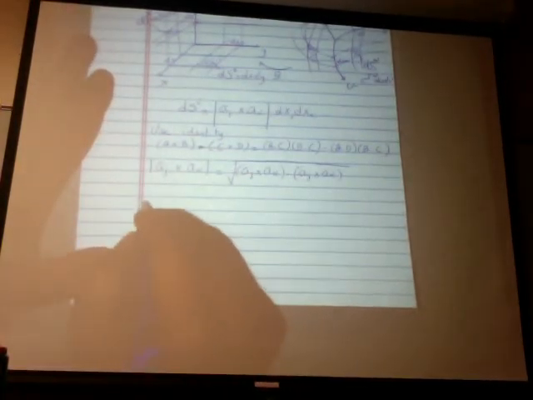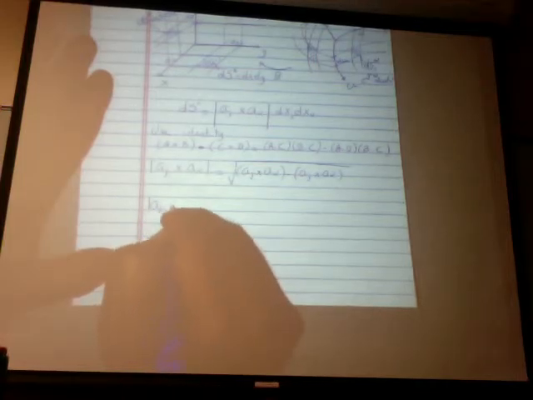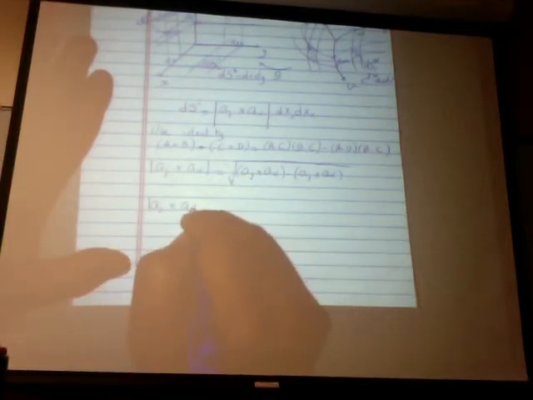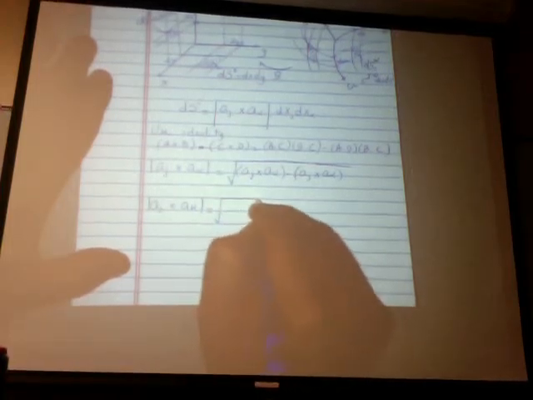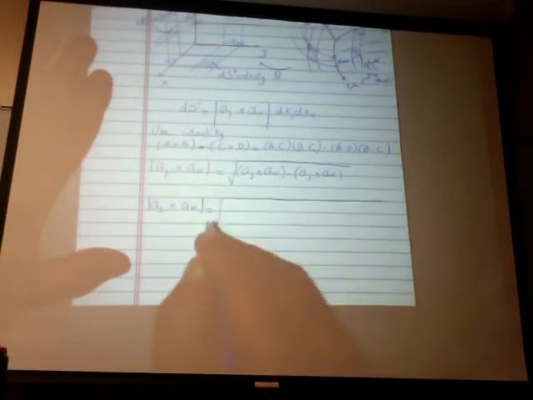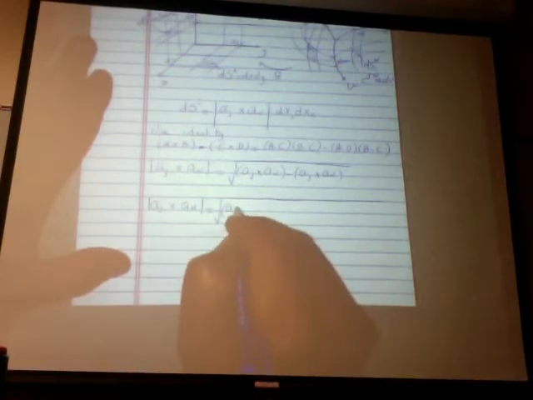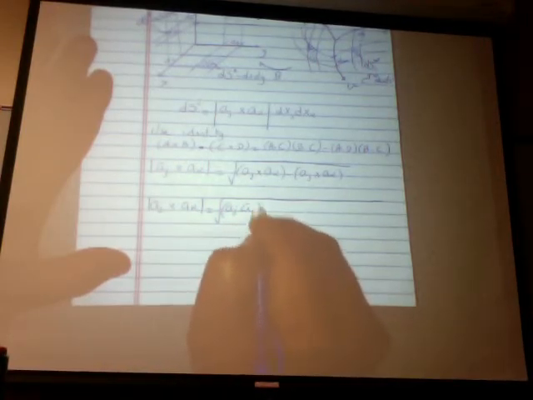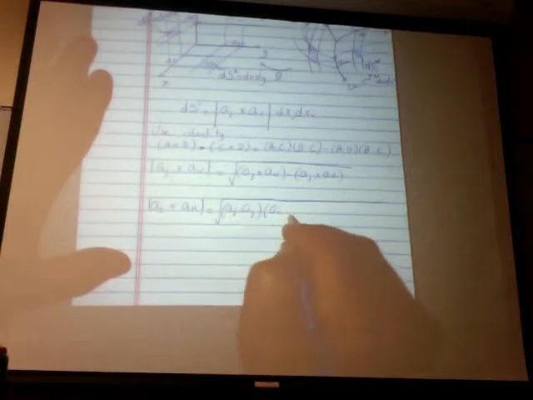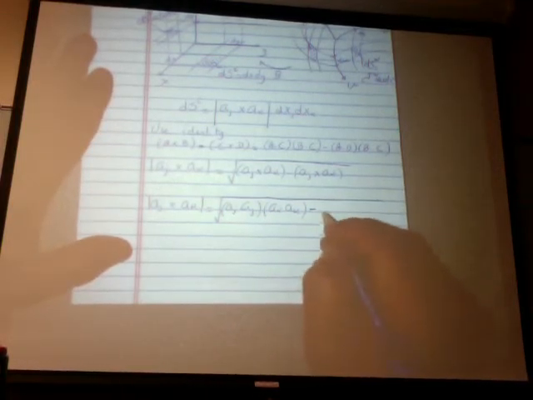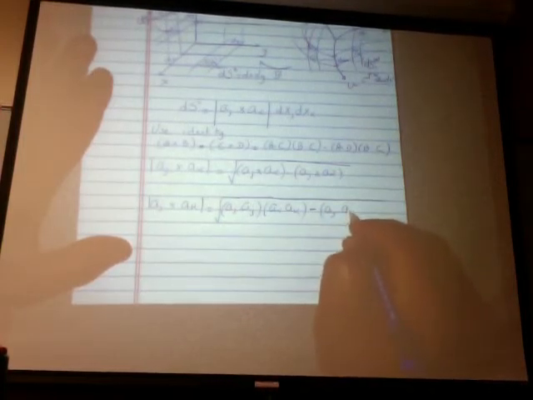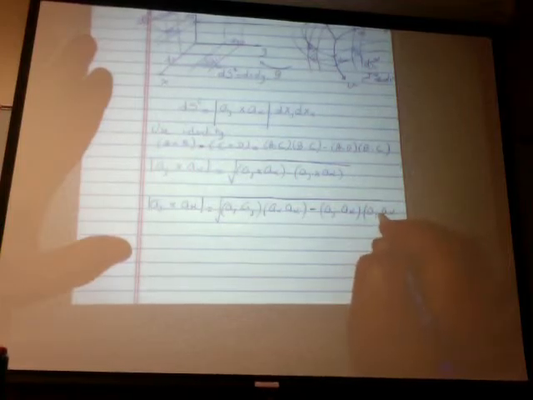So using this identity, the magnitude of aj cross ak is equal to the square root of aj dotted into aj times ak dotted into ak minus aj dotted into ak times aj dotted into ak.